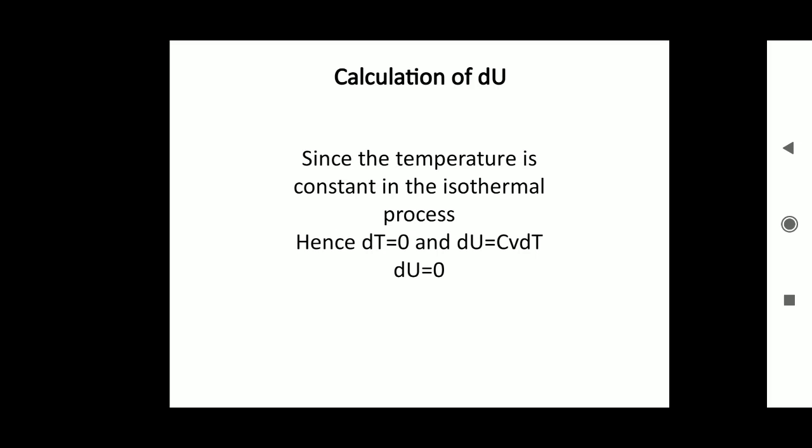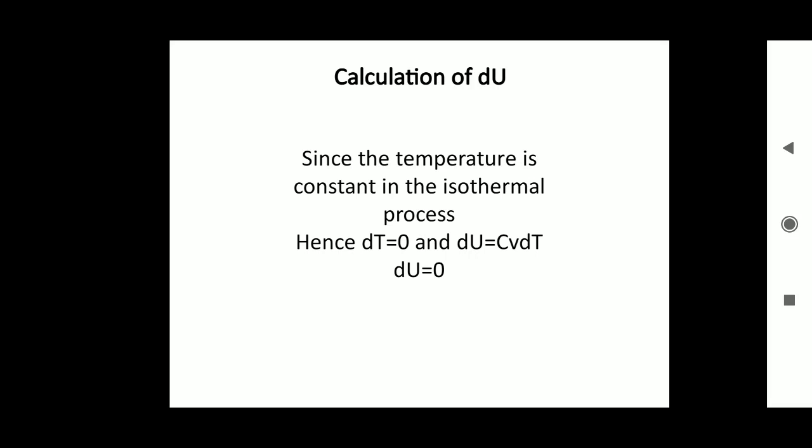Now, calculation of dU. U is internal energy. Now you have to calculate this value of dU. We know that the molar heat capacity at constant volume of an ideal gas is given by Cv is equal to dU by dT. Internal energy can be either E or U, anyone we can consider.